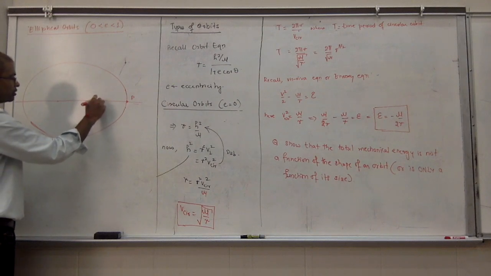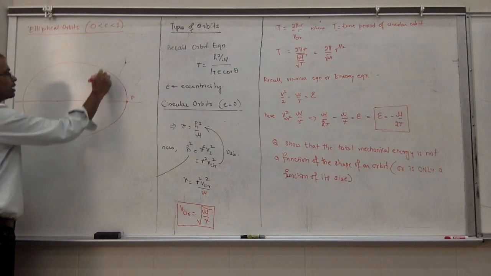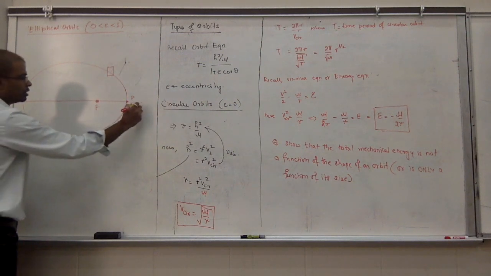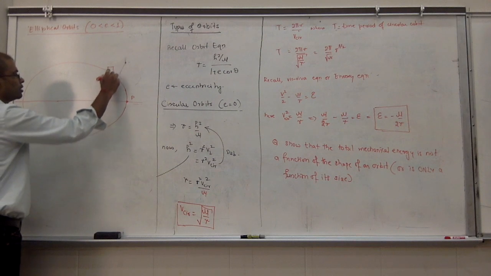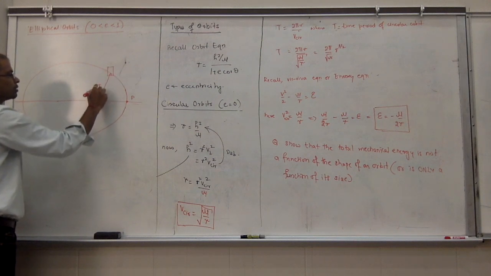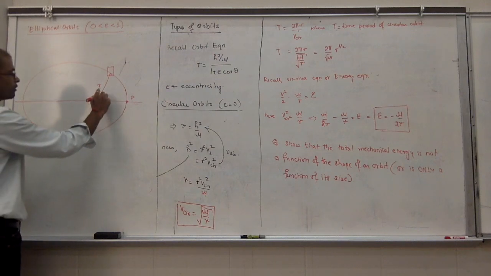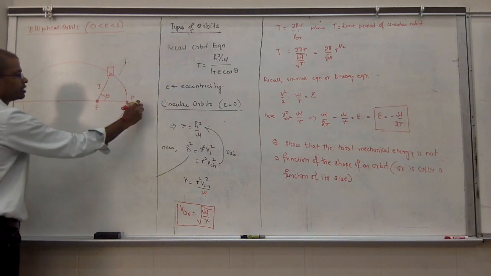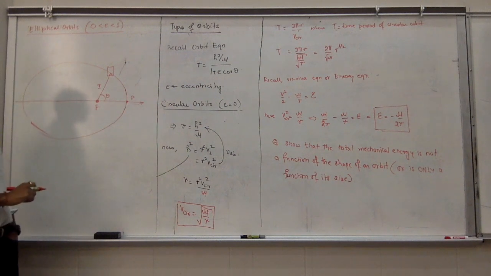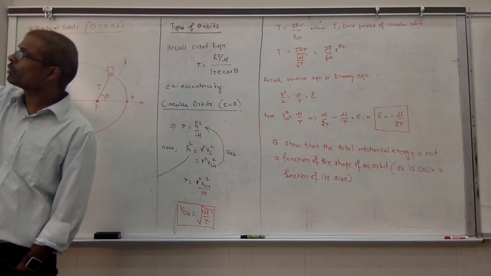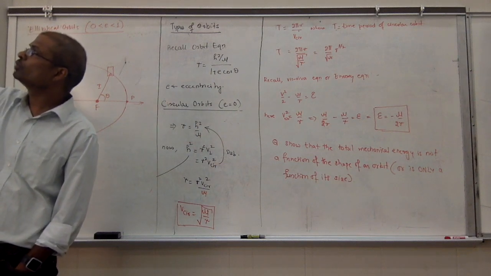This is our F. If your orbiting body is here, this is our R. And theta is always defined with respect to this direction, the periapsis direction. Got it? So beta is a constant. Don't worry about beta and alpha. Alpha and beta are other two angles.